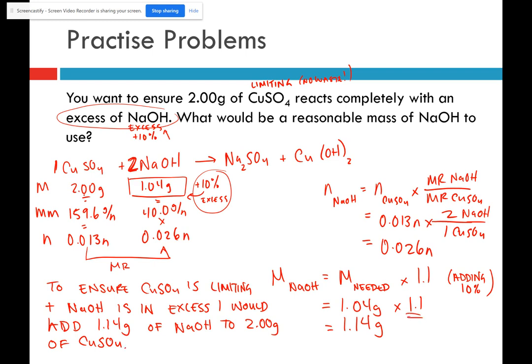By adding that extra 10%, I'm ensuring that I have extra of this. I've added a little bit extra. That's going to ensure that this is in excess and this is limiting. Okay? And that's going to serve my purpose. All right.